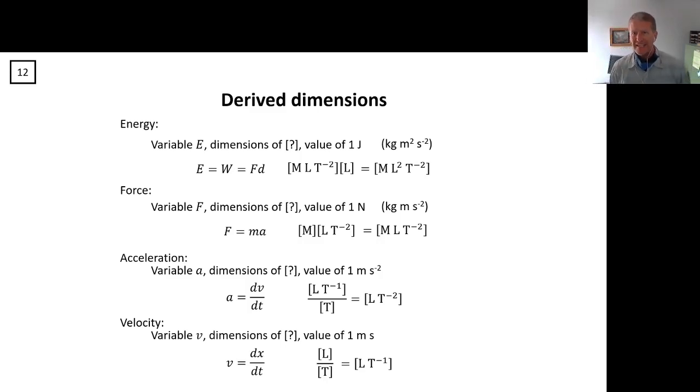So this is just an example of how all these things can be derived algebraically just by knowing some of the fundamental definitions of the variables that you're working with and knowing how to plug in the fundamental dimensions for those variables as you go. Now, we don't always break down the dimensionality of a variable into their fundamentals.